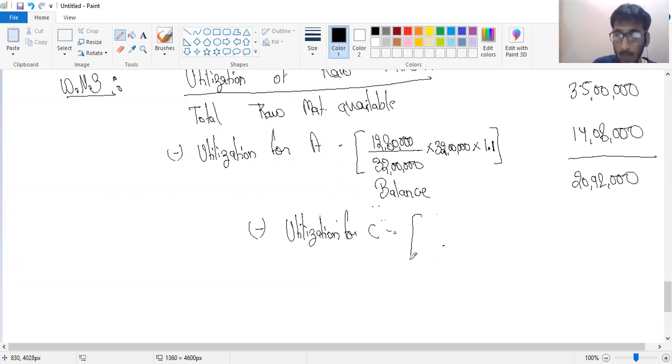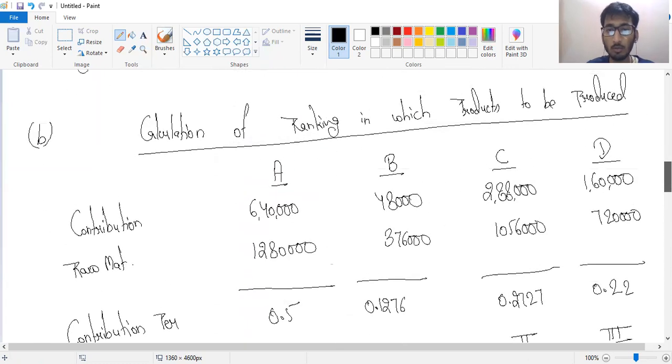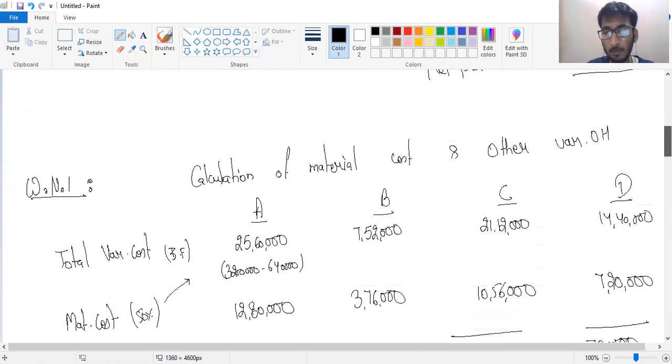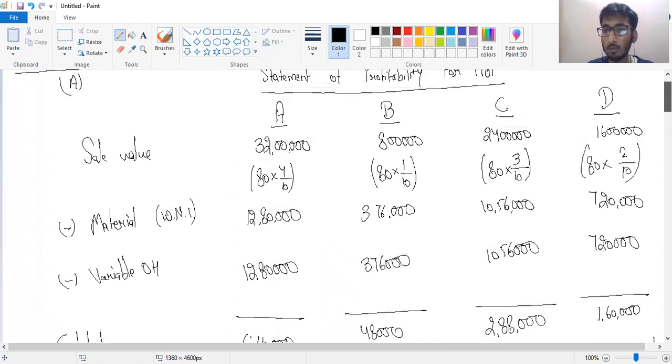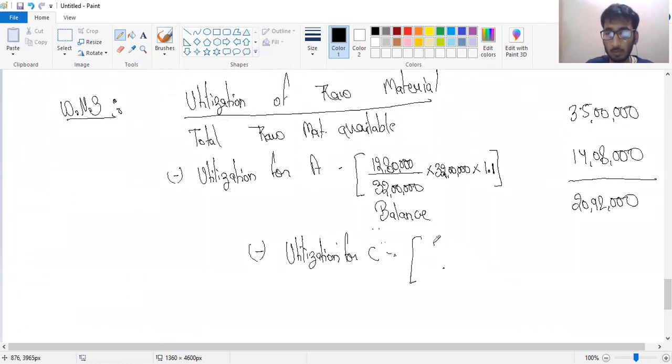So last year, just look at the records of C. Raw material cost for C was 10 lakh 56,000 and sale figure was 24 lakh. So 10 lakh 56,000 divided by 24 lakh.